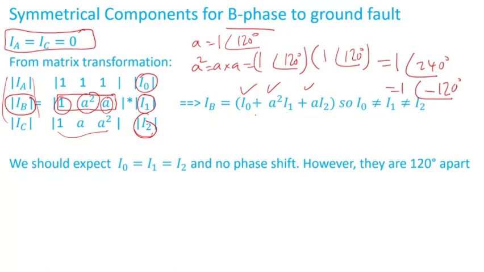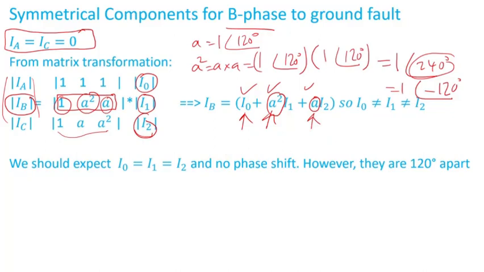But anyway, I have this operator here and this operator here, and I know this operator A squared means an angle of 240 degrees. So if I draw the phasor diagram, I1 of the positive sequence current is apart from the zero sequence current by 240 degrees, and the negative sequence current is 120 degrees apart from the zero sequence.